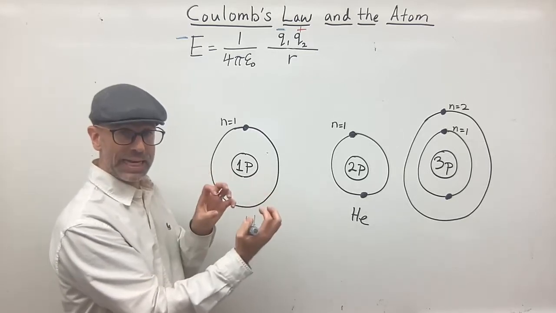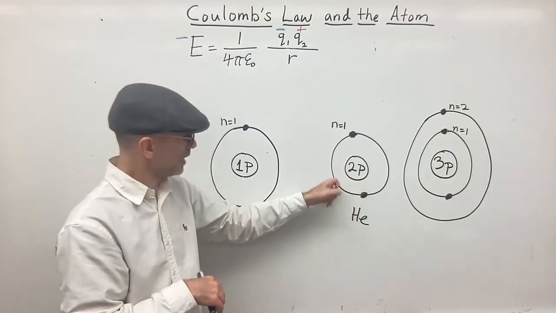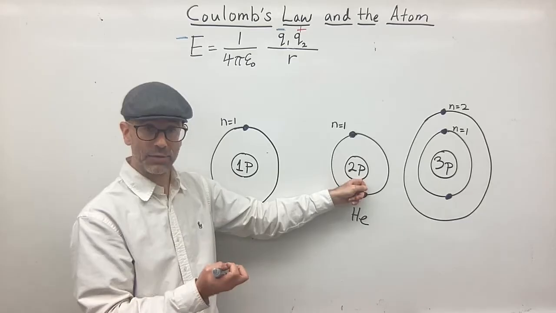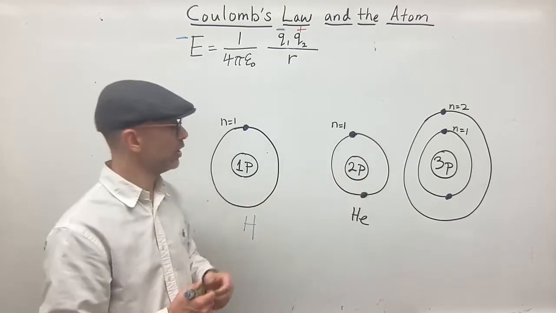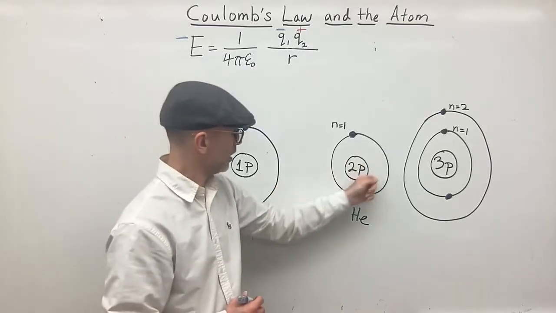So there's some give and take here. The repelling force has to counteract to some degree the positive attractive force in the nucleus, and we call that shielding, or the effective nuclear charge.